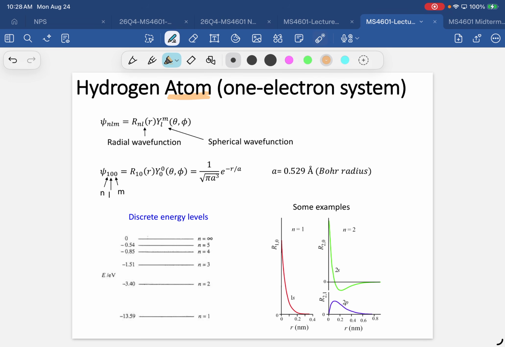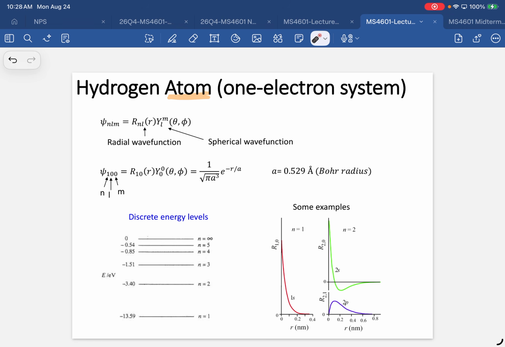For an individual atom, we can obtain the wave function by solving the Schrödinger equation, and this wave function has a radial component as well as an angle-dependent component. That is called the spherical wave function. There are 4 quantum numbers: N, L, M, and the 4th quantum number is spin.